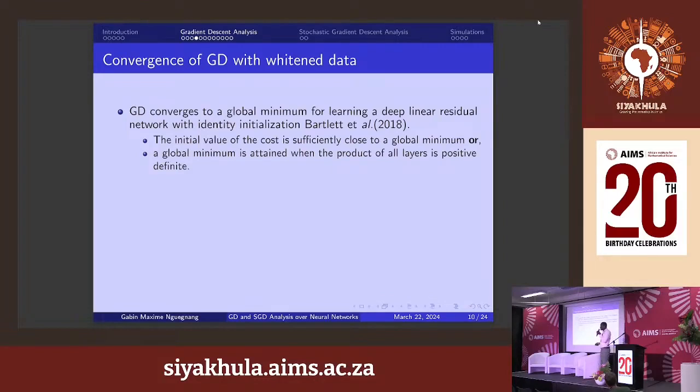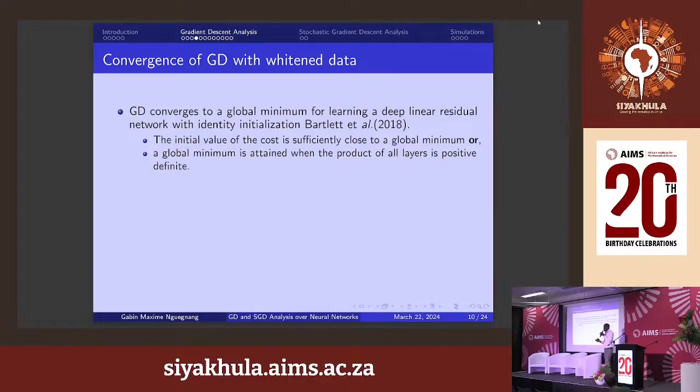One of the first results that concretely addressed linear neural networks was developed by Bartlett and his collaborators. They were able to observe that if we initialize the network with a value that is very close to the global minimum, or we consider that the minimum is attained when all layers are positive definite, then gradient descent will converge.